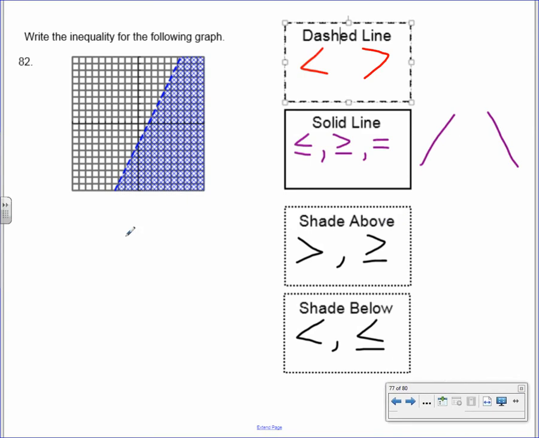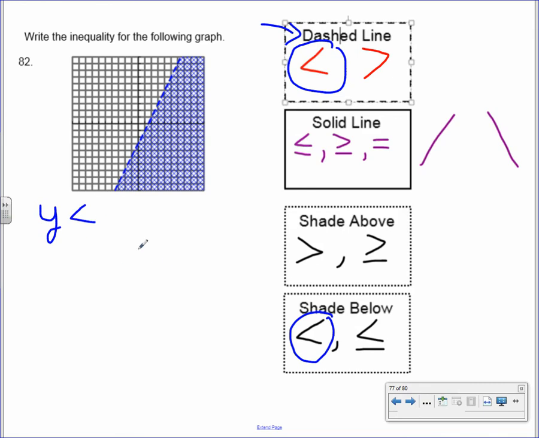Okay, so we know we're going to start with y, and I have a dashed line, so I know I'm looking here. It's either going to be less than or greater than, but I know it's also shaded below. So if it's a dashed line and it's shaded below, we are looking at the less than symbol. So we know y is going to be less than.